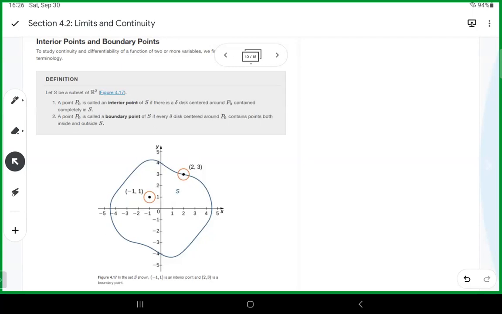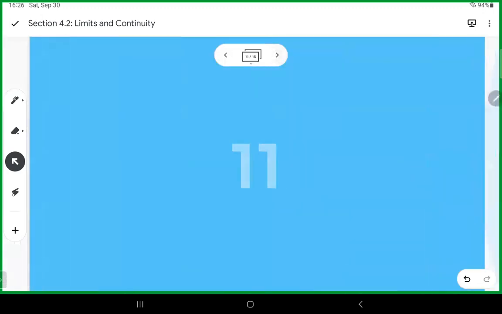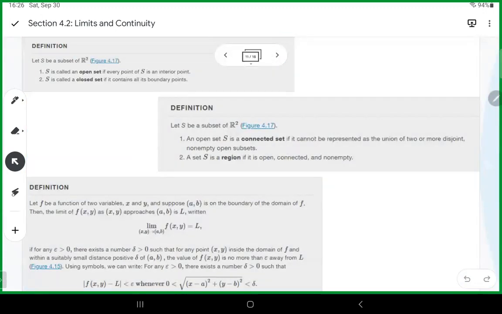So you can see they have a good example shown there. All right. We have 3 definitions here. I'm just going to give you a few minutes to write those down.